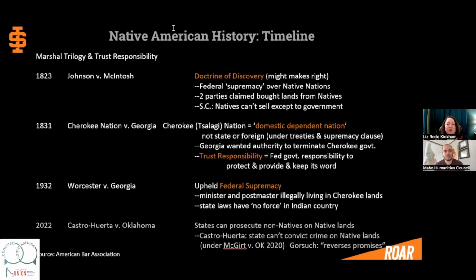So during the early years of the US government, the judiciary was involved in determining the relationships between Native nations and the US. Prior to that, there had been treaties that had been signed. And now there was this newly formed US government.